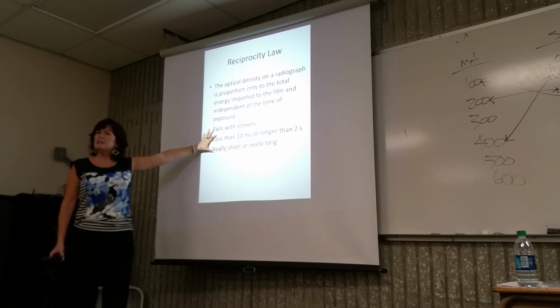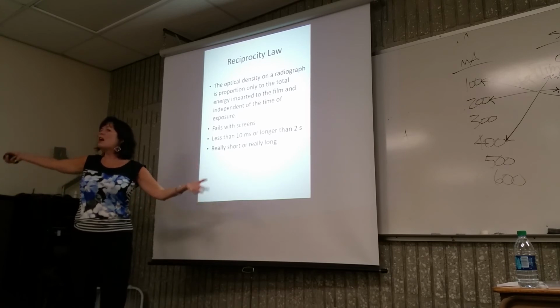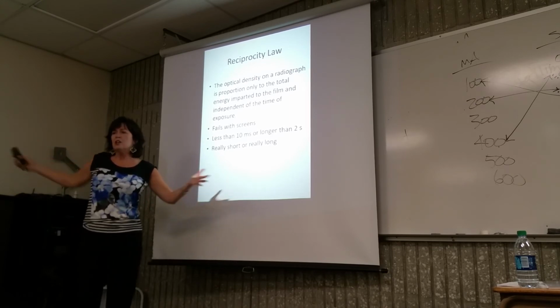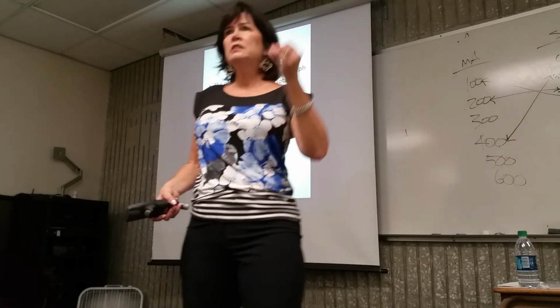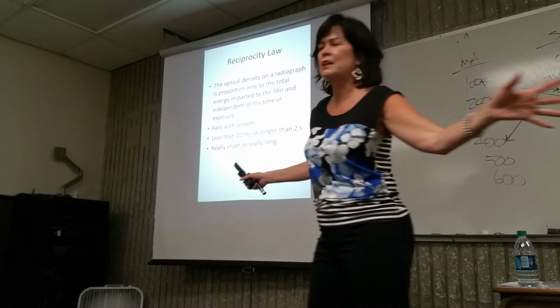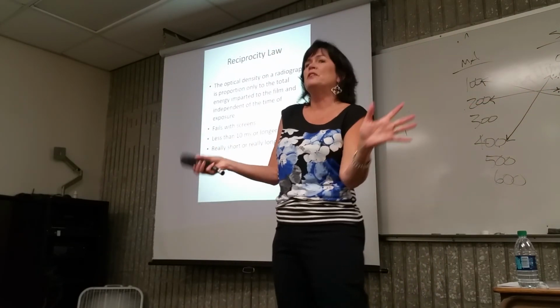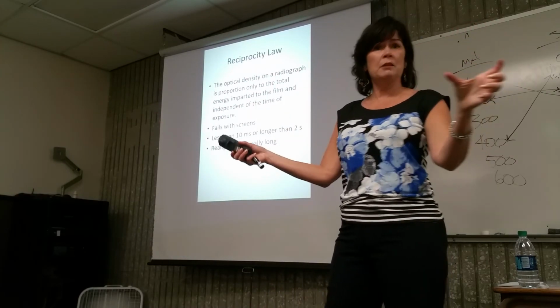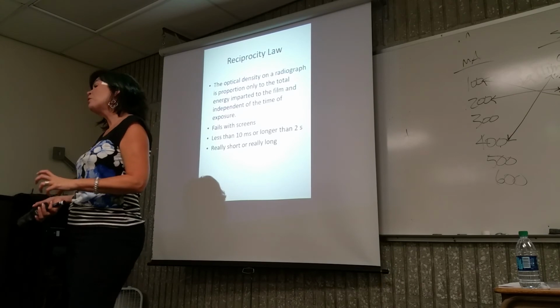The reciprocity law fails when you have extremely short or extremely long exposure times. So wouldn't your expectation be that 10 mAs and 10 mAs would give you the same, your images are always going to look the same? 10 mAs or 500 mAs, your image is going to look the same, right? It's going to be beautiful. But your numbers are not going to be appropriate. Your SI numbers or your exposure numbers are not going to be appropriate.